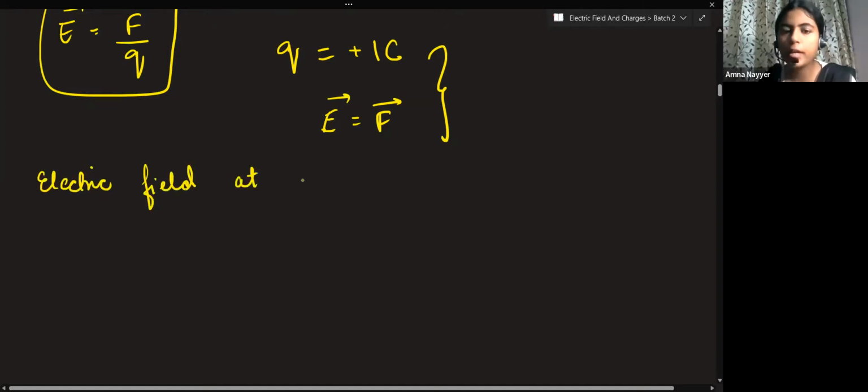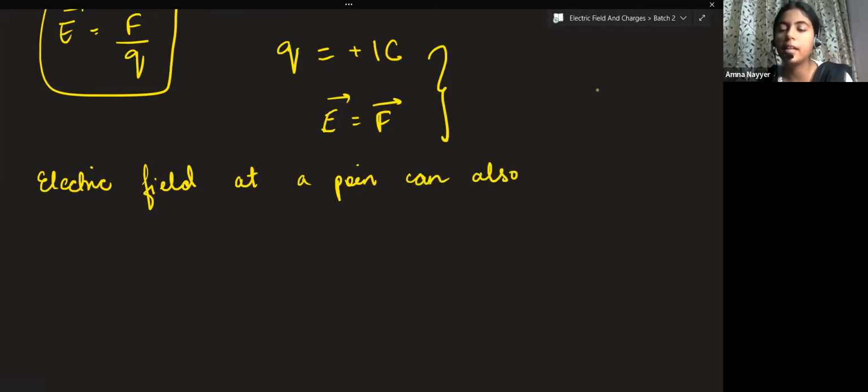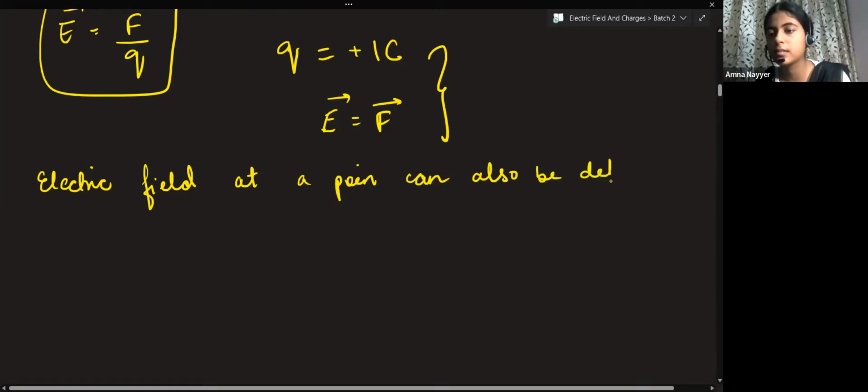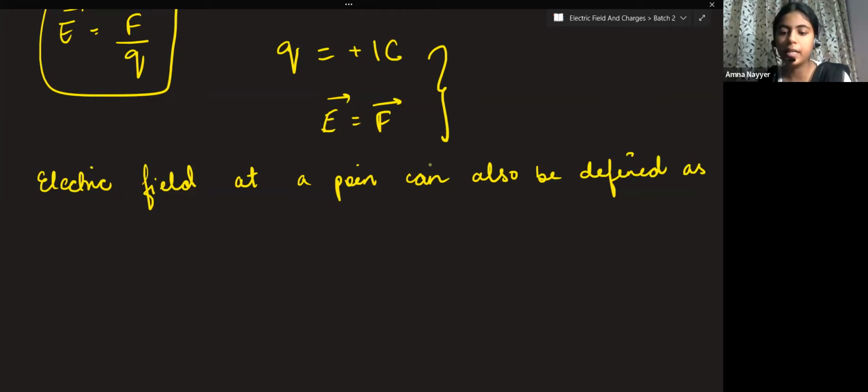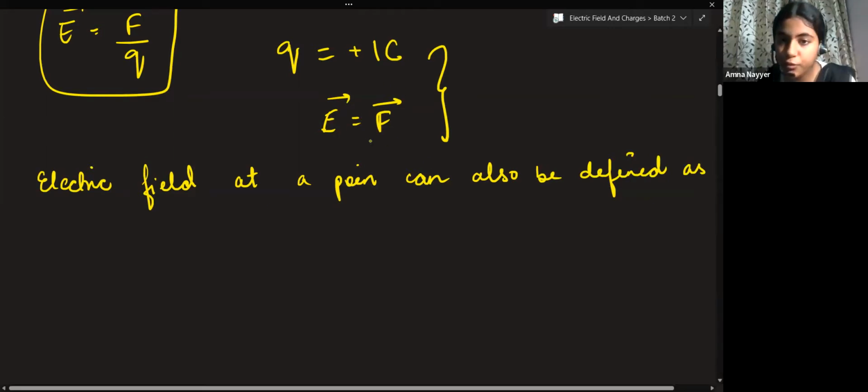at a point can also be defined as, this is another definition, the force experienced. See, why is electric field now equal to the force? So it can be defined as force experienced by what?